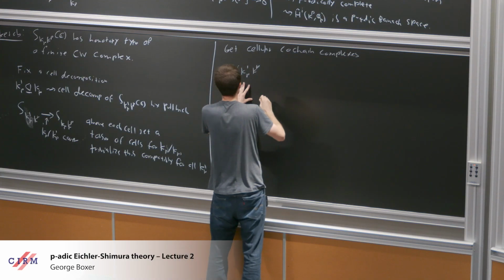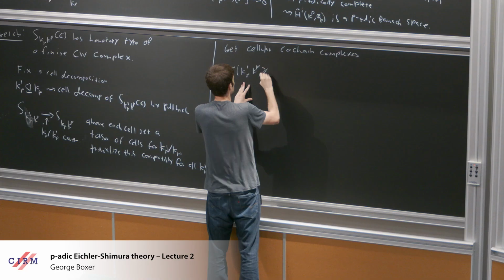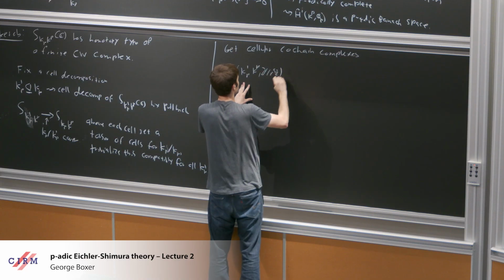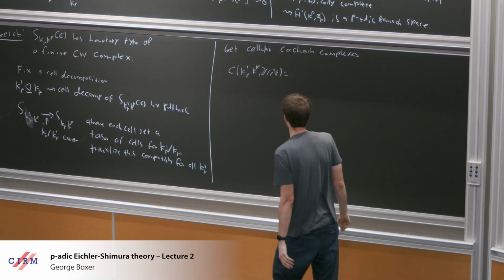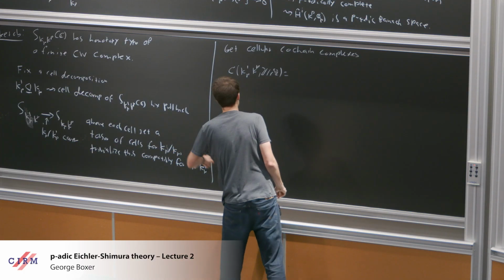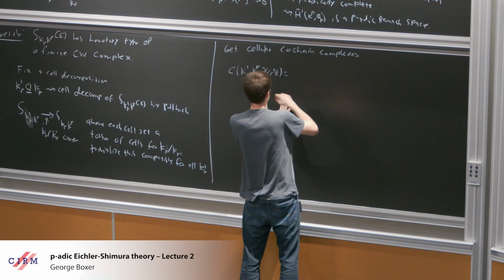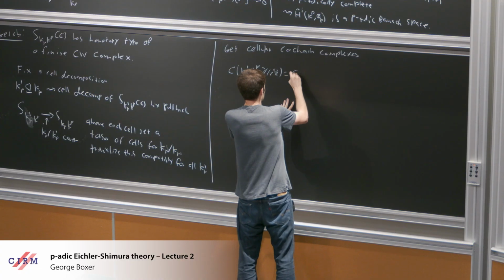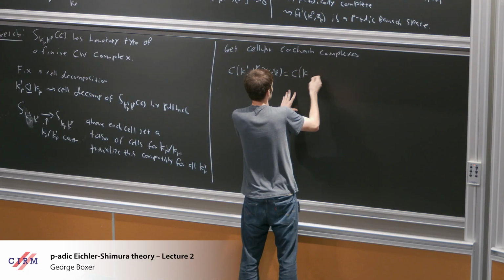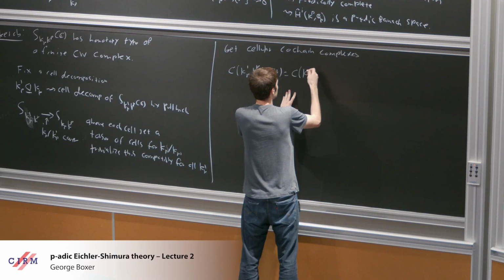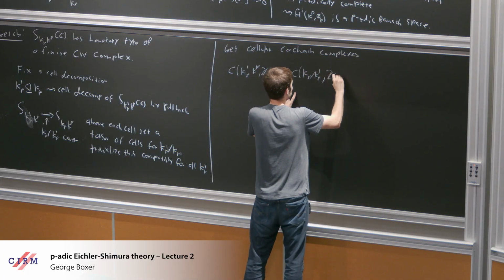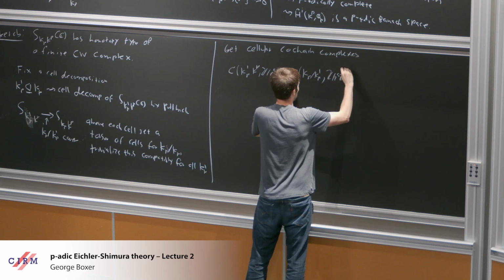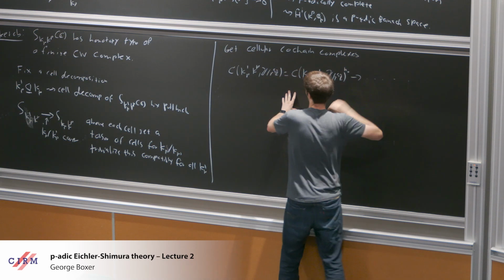Maybe I'll include K^p. So basically, this is just going to be a complex of K_p/K_p' modules, of the form, well, these are just functions valued in Z/p^s Z, C^0 to C^1 and so on, okay?